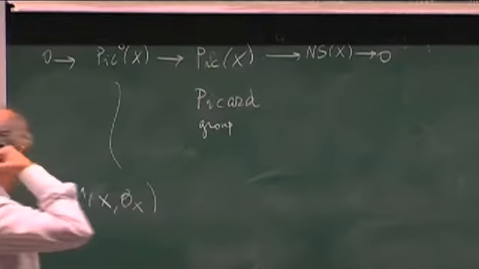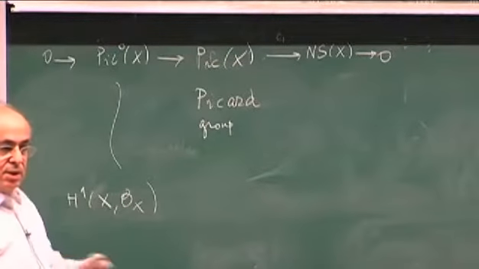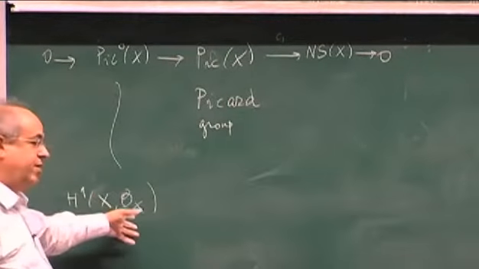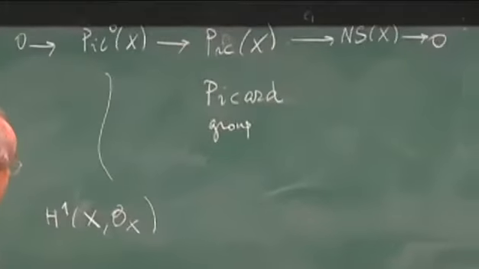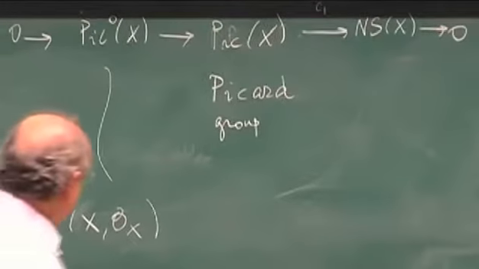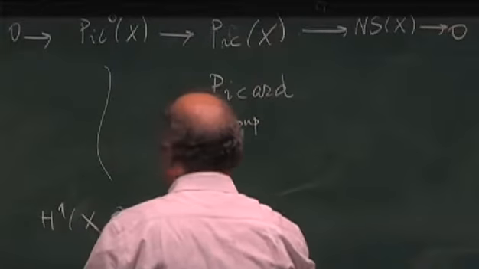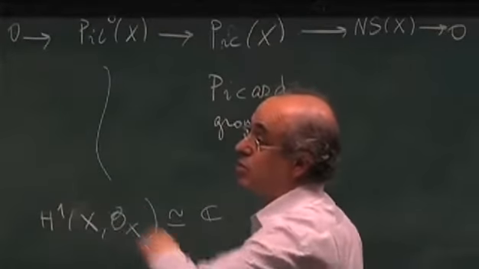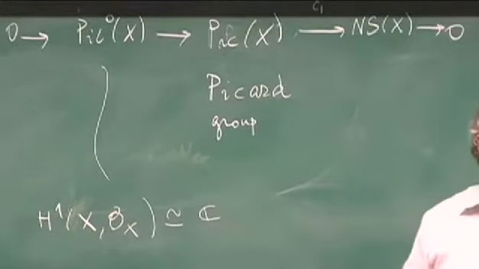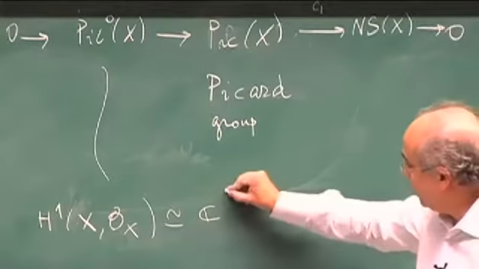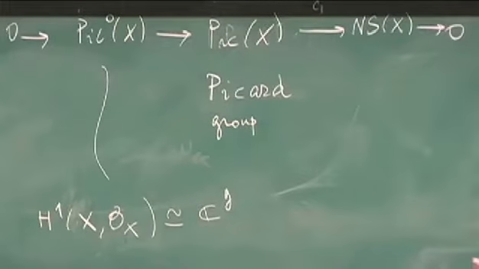This is a vector space over the complex numbers, to be sure, because O_X is not only an abelian group, but if you consider the holomorphic functions on an open subset, it's a complex vector space. And then this group is a complex vector space. If you choose some basis, you can prove that under our assumptions, it is finite dimensional. So it corresponds to some C to some power g, g just the dimension of this.